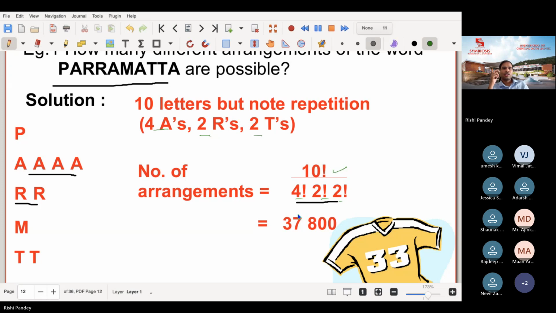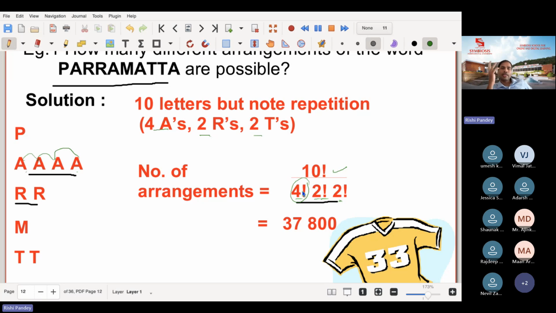The repetitions cannot be unique. For example, if I change the A, if I write this A in the first and this A in the last, there is no difference. That's why we should divide the repetitions in the denominator. You got my point?